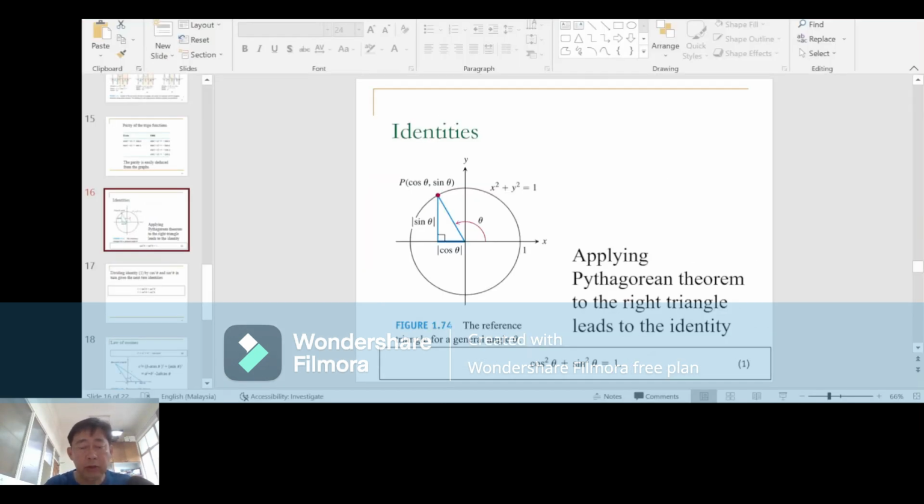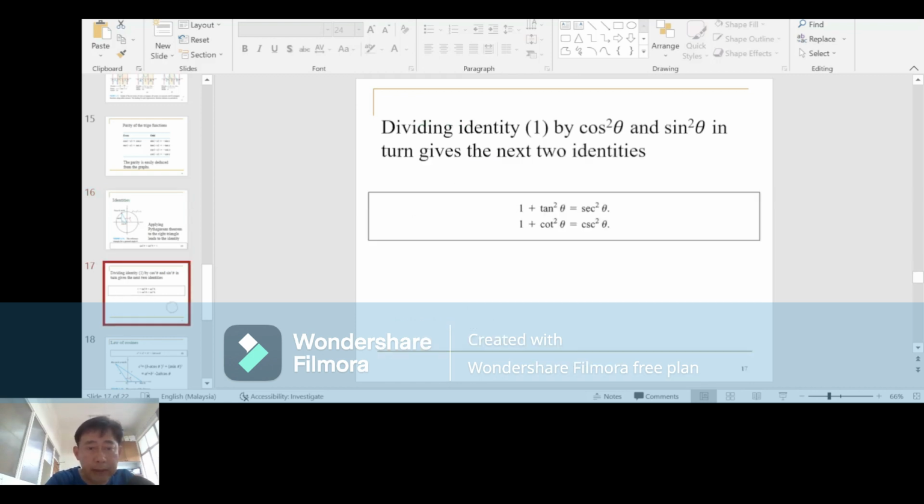So it is actually very easy to understand the identity of sine square with cos square. So remember the derivation of this identity is quite straightforward. Then we have a few more important fundamental identities involving cos theta and sin theta in the next slide.